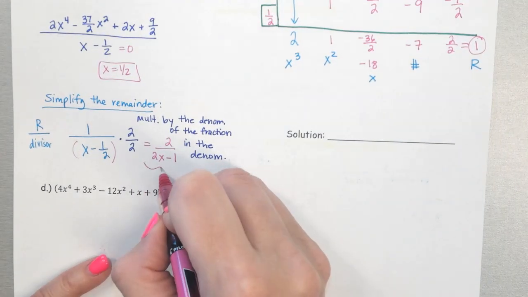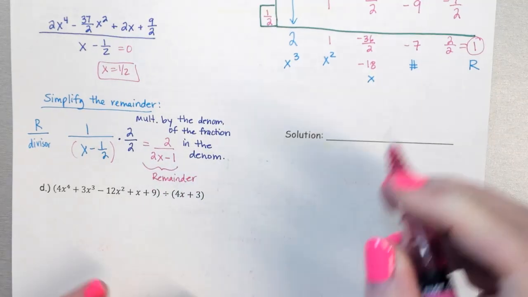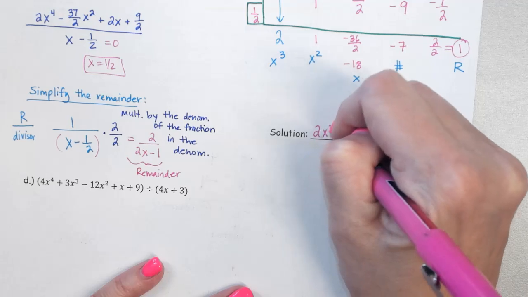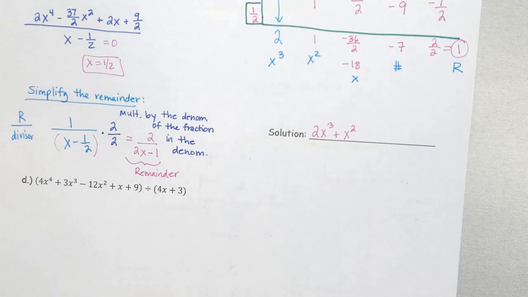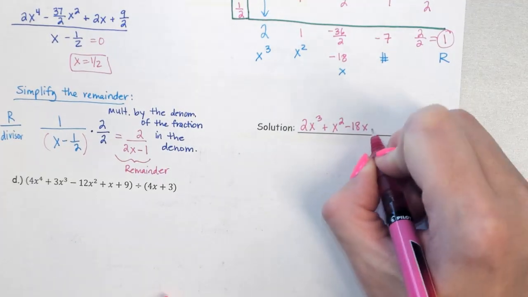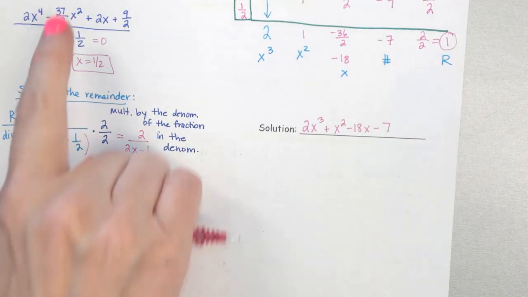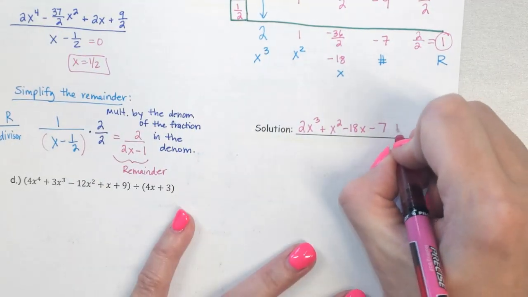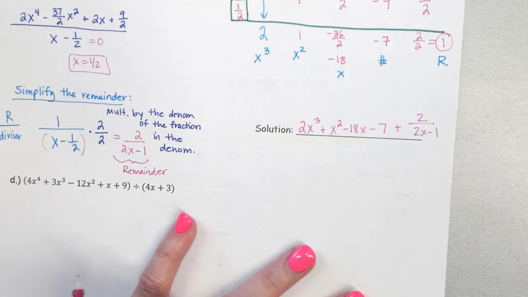Okay, so this is how you're going to write the remainder. Your solution is 2x cubed plus 1x squared minus 18x minus 7. And instead of plus 1 over this, you are going to write plus 2 over 2x minus 1.